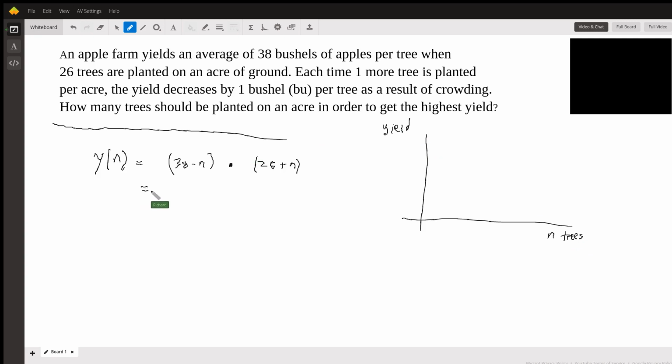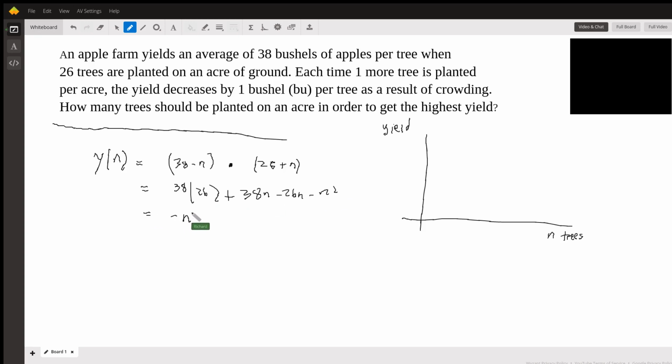You can see that this is a quadratic equation. We're going to just FOIL this out here. So I'm going to get 38, we'll distribute the 38 times 26, plus 38n minus 26n minus n squared.